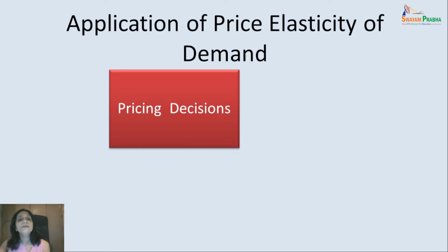Now you may be wondering how it is done. If, for example, a businessman knows about the law of demand, which indicates that when he increases the price of his product, the demand for his product will decrease, how much the quantity demanded will change when he changes the price can be measured with the help of elasticity of demand.